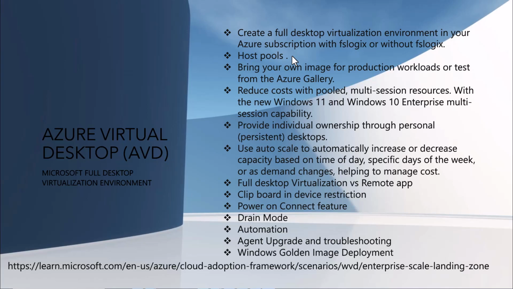Then we have an option for auto scale, which automatically increases or decreases capacity based on the time of day, specific days of the week, or as demand changes, and this tremendously helps to manage the cost. Let's say we have created a pool with 10 virtual machines and you have the auto scaling mechanism.